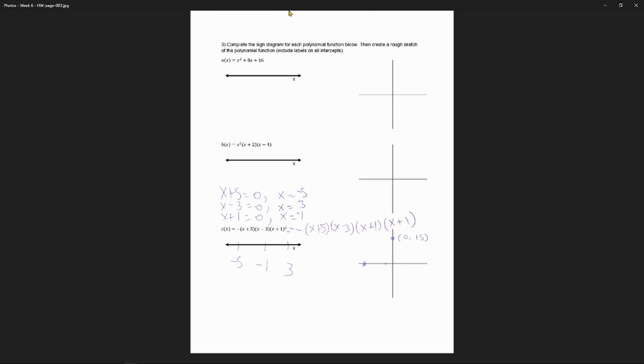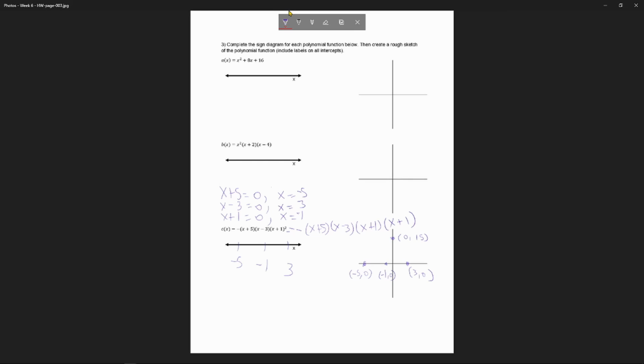So that's negative 5, that's negative 1, and we'll say this is positive 3. And our y's are all equal 0. Again, you can label them if you'd like: negative 5, 0, negative 1, 0, and 3, 0.